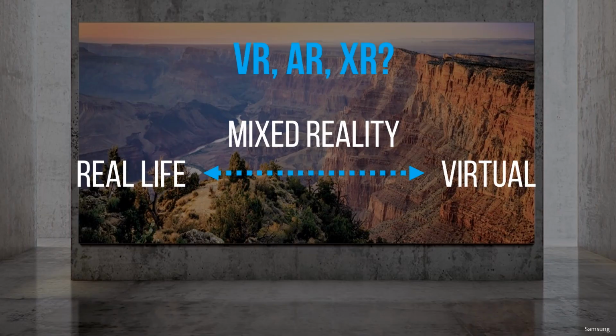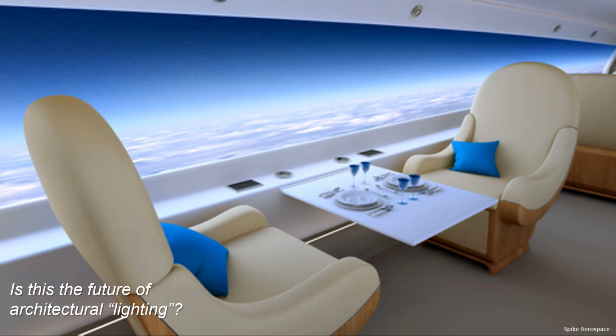An excellent example of this is this concept for a supersonic jet. In this concept, windows are very heavy and create a lot of inefficiency. And they can actually add a curving wall of OLED display screen within the aircraft and create a high-resolution view outside of the aircraft. So I challenge you to think about the impact of this on our architectural built environment.